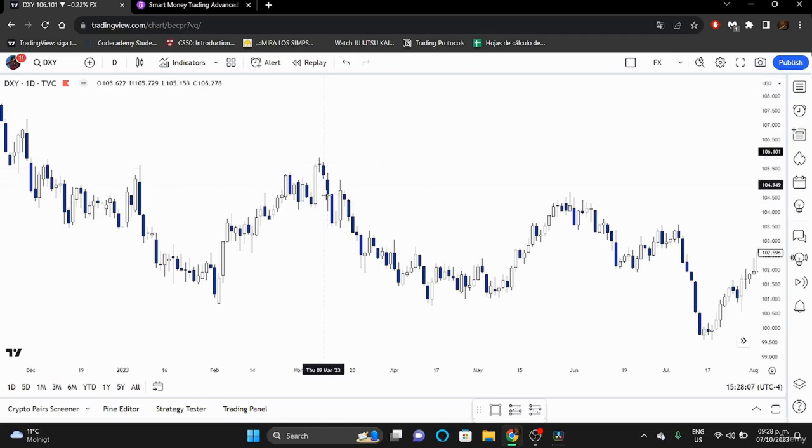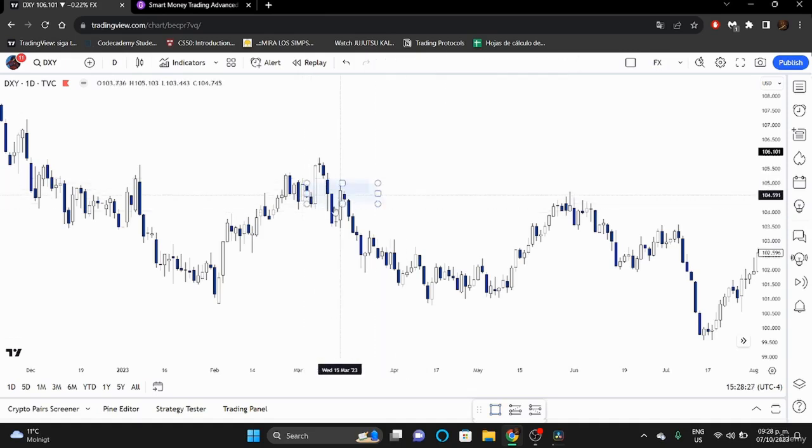But now here I would use an inverse order block, right? I would use this imbalance right here, and also I'm looking at these order blocks.